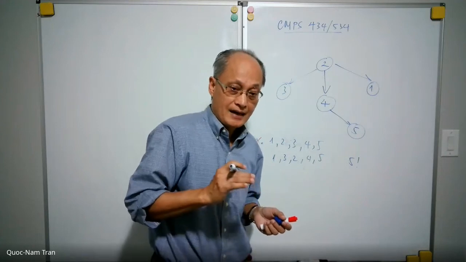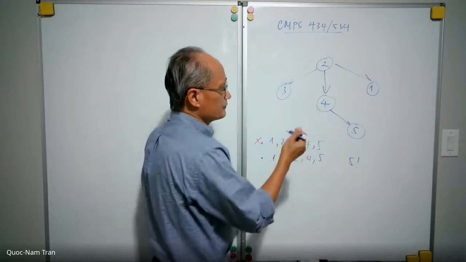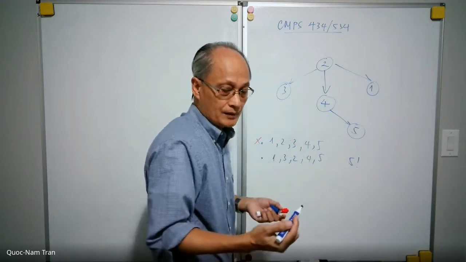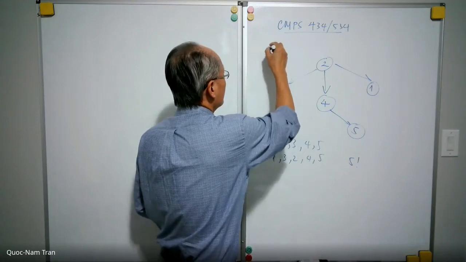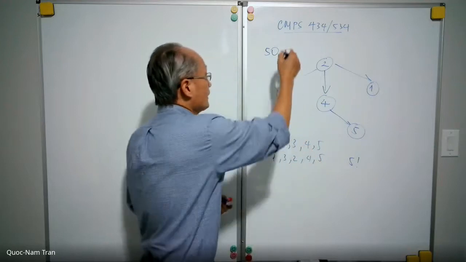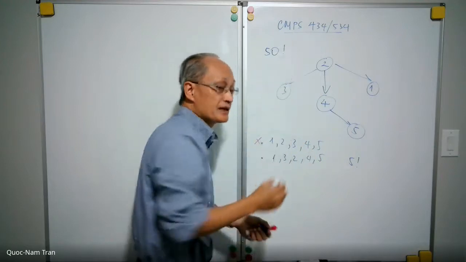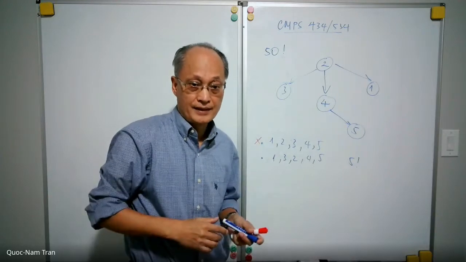But that said, 5 factorial, or usually we have about 50 courses for a program, right? And some of them are electives. Then if you have to check 50 factorial, it's a huge number, right?